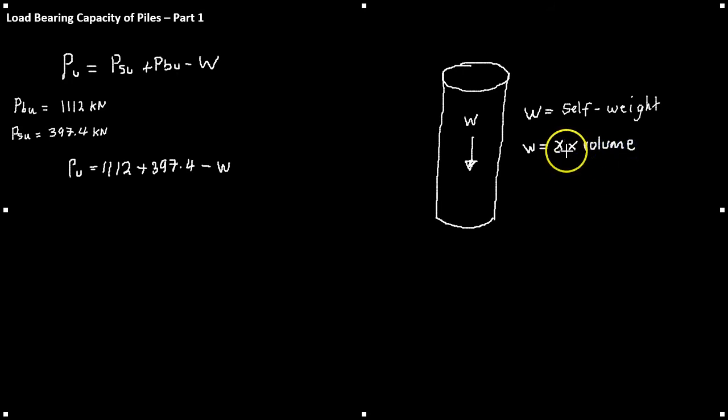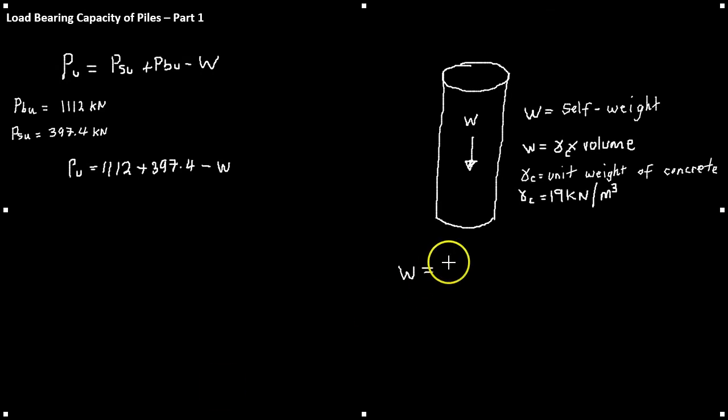Now the unit weight of concrete is normally 25, but in this case we're going to say it's 19. Why you do that, not entirely sure, but it's up to you. The process is still the same, it's just different values. So in this case we're just going to take the unit weight of the concrete to be 19.